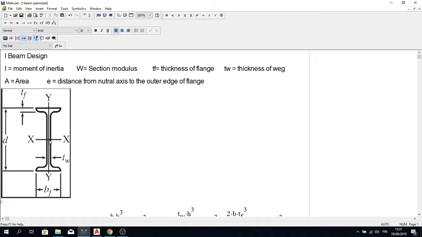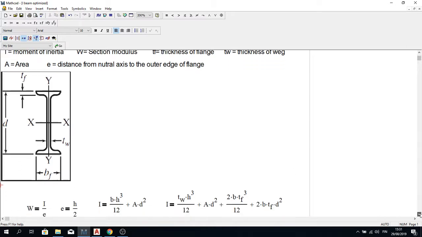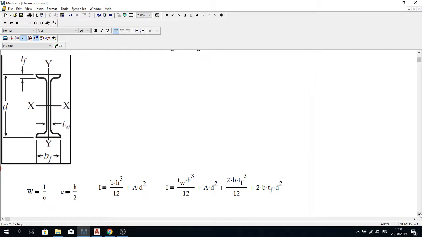In case of I-beam, it's the distance from here to here. It's a vertical perpendicular distance. So let's start doing some calculation. W is the section modulus. It can be written as I divided by E, and E is the height of the beam divided by 2.